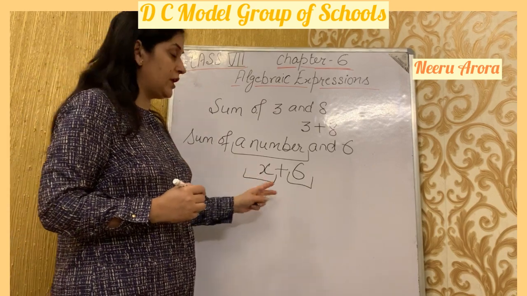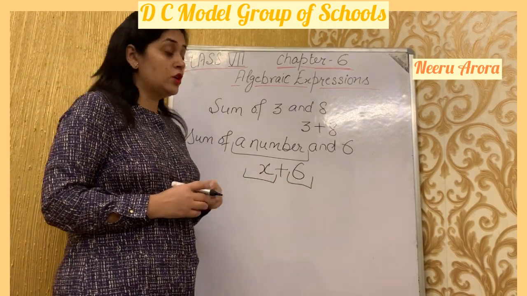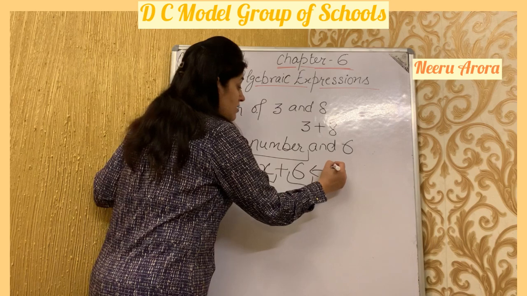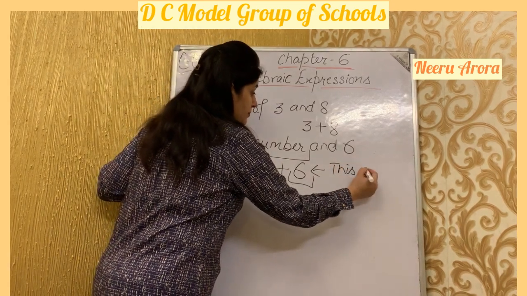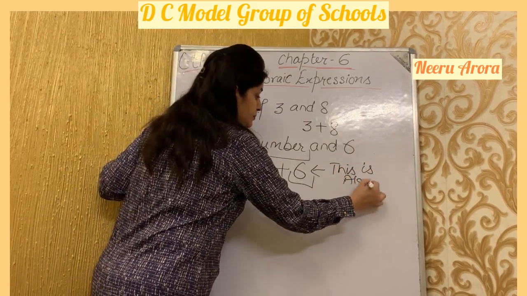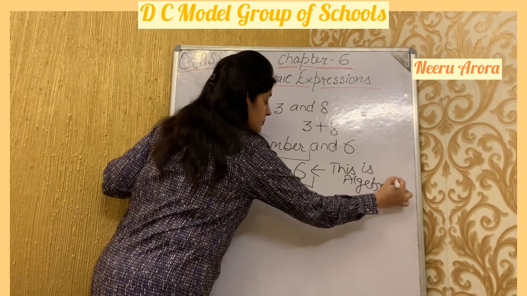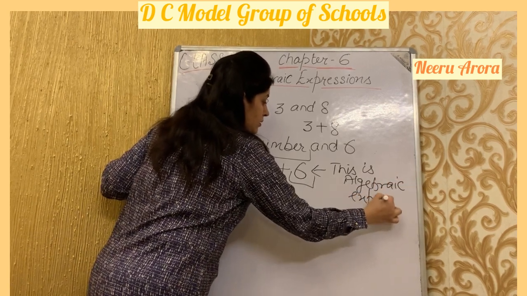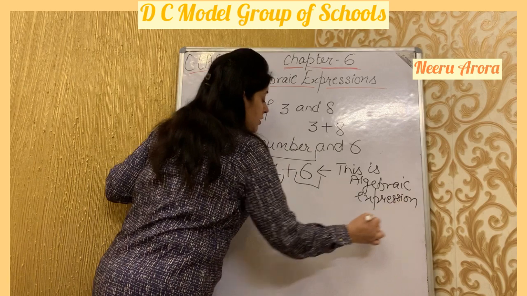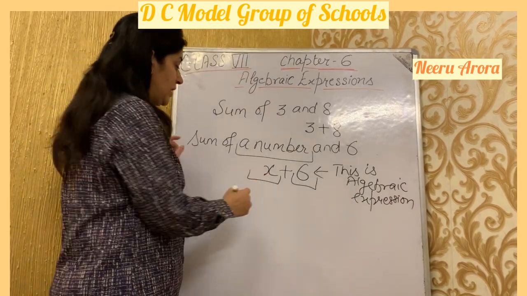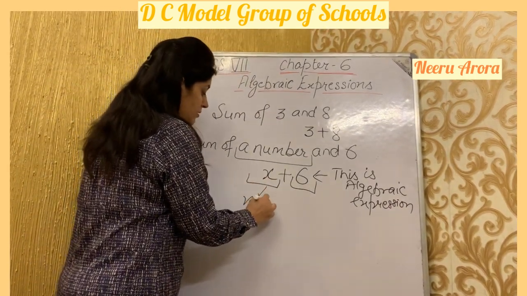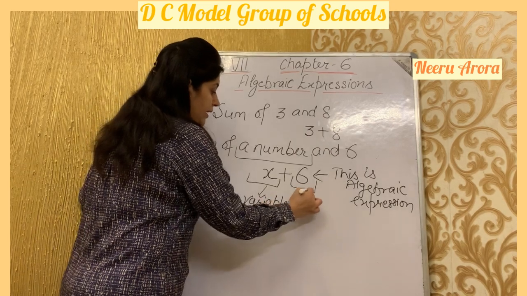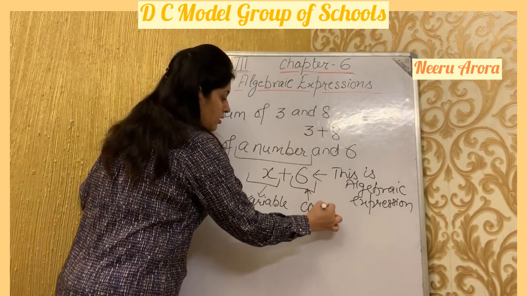So we have taken variable and constant. So this is expression. This is algebraic expression. This x, this is variable. What is this? This is variable and this is constants.